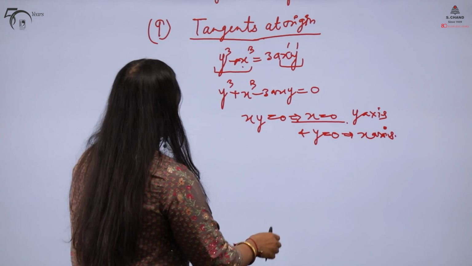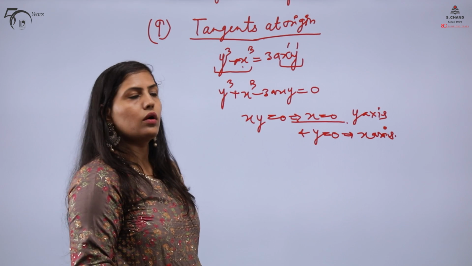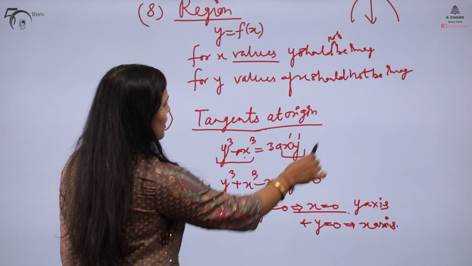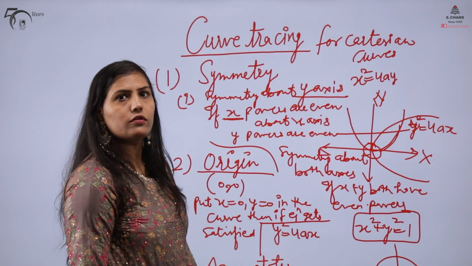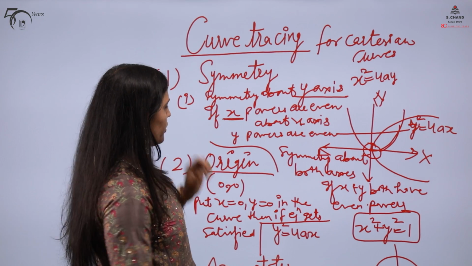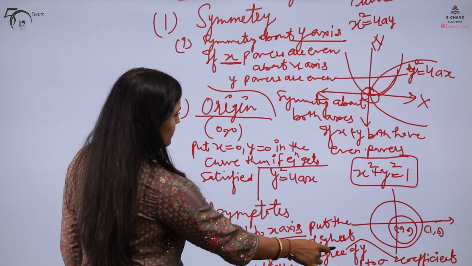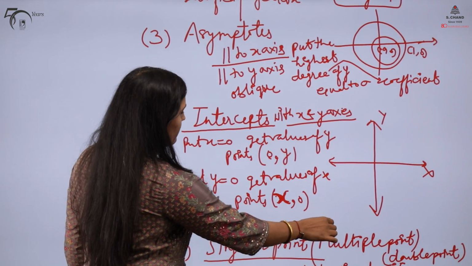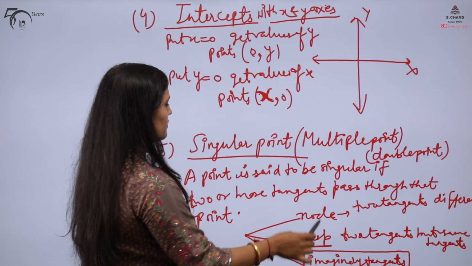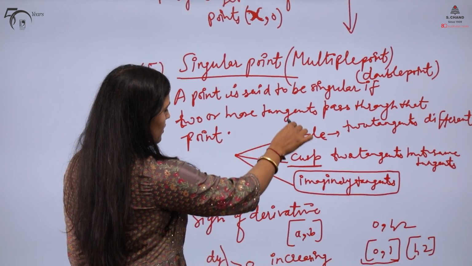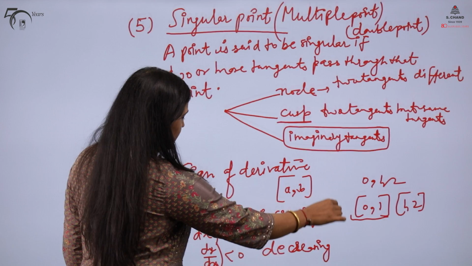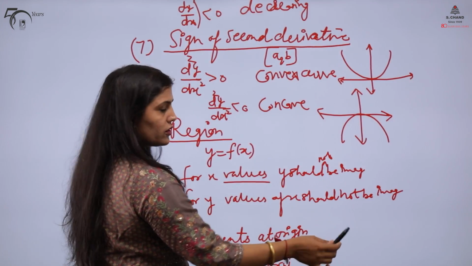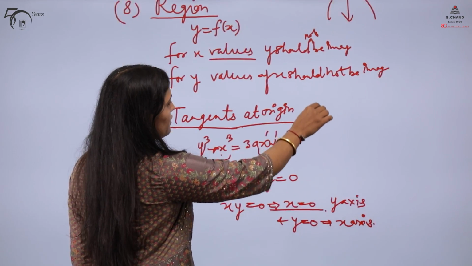So these are the important points you should know to trace a curve. Just recall again what we did. I'll start from the beginning. The first point was symmetry, then origin, then asymptotes, then intercepts with the x and y axes, next singular points, sign of the derivative, sign of the second derivative, then region, and tangents at the origin.